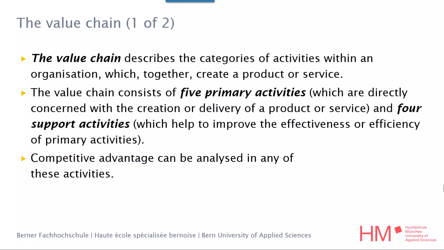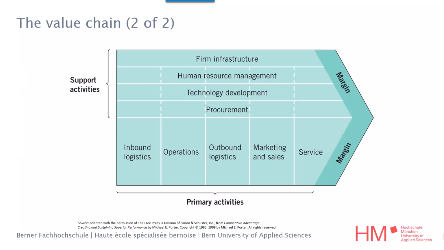So let's now go on to have a look at the model in more detail and talk our way through each of the different component parts. So here we see the model, and at the top we see firm infrastructure.